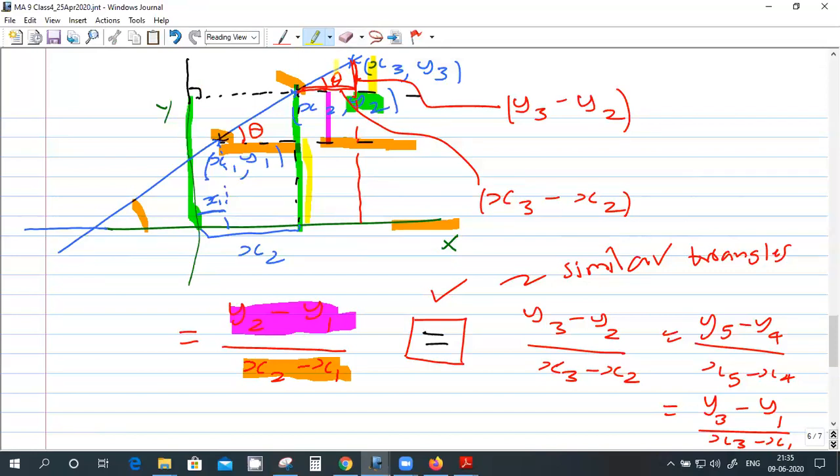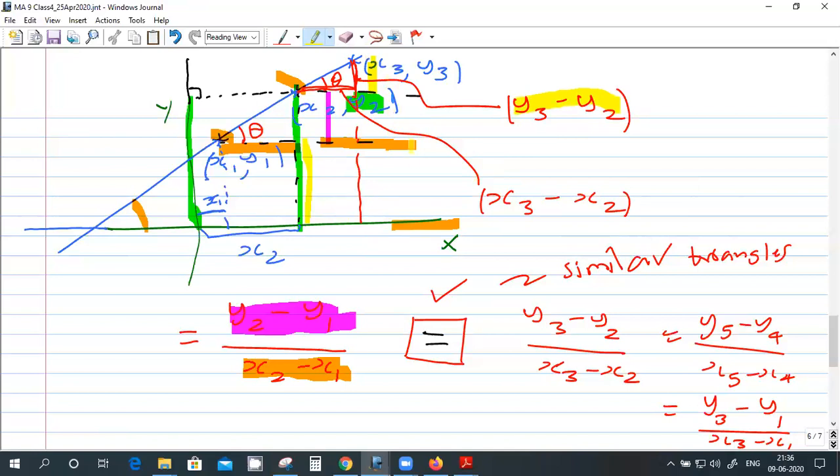It will be the height from the x-axis. This will be this length minus this length, right? So the first length is y3, and the second length is y2. So it will be y3 minus y2.